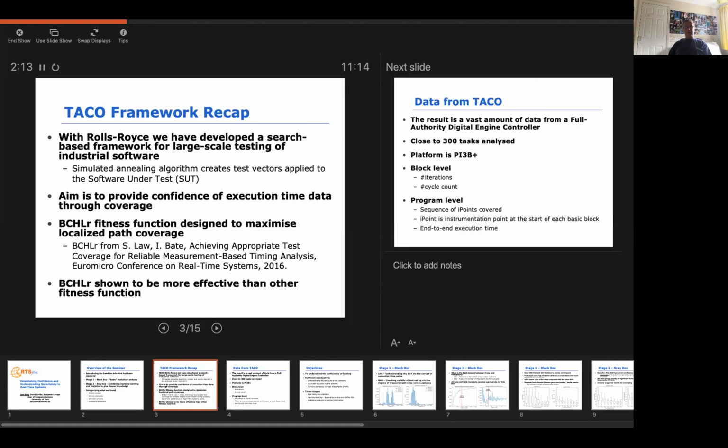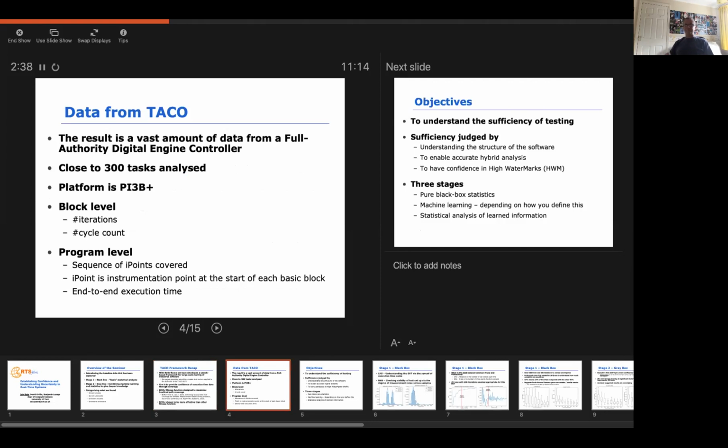The reason for localized path coverage is that it is unrealistic to achieve full path coverage for realistically sized software. In the work in ECRTS, the function that was used, which is called BCHLR, which is basically branch coverage with history and loops, was shown to be much more effective than other fitness functions in the state of the art, including just searching for execution time.